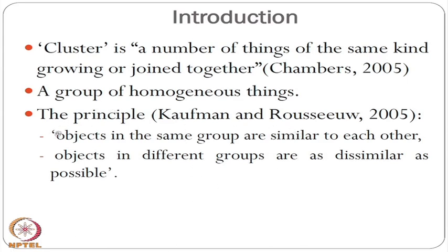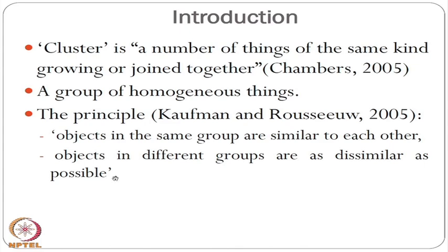So, the principle in grouping, which is given in Kaufman and Rousseeuw 2005, is that objects in the same group are similar to each other and objects in different groups are as dissimilar as possible. So, that is the principle.